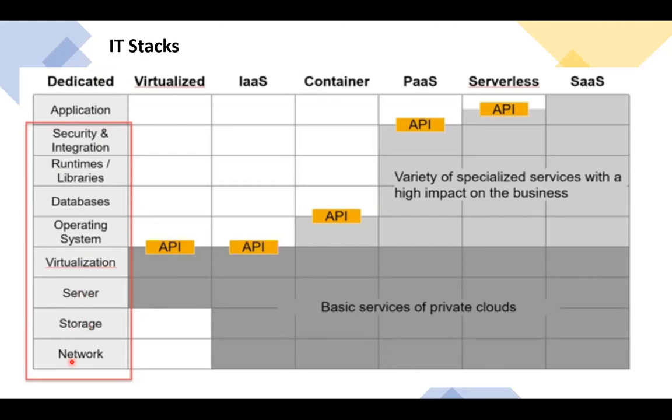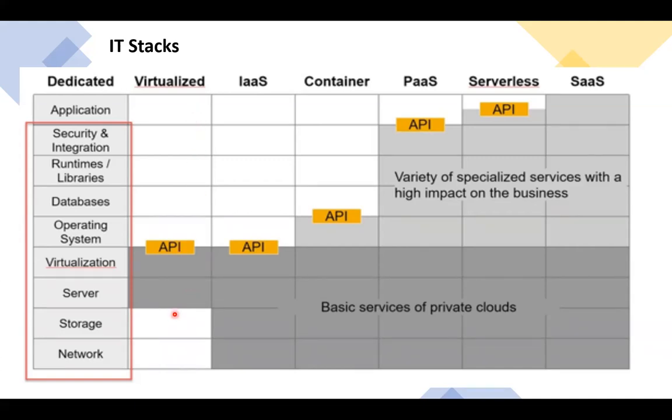So it is according to the customer requirements. Whatever type of IT stack the customer needs to subscribe, he can go for it and subscribe to the required IT stack. There are a lot of parameters for the customer to decide on this.